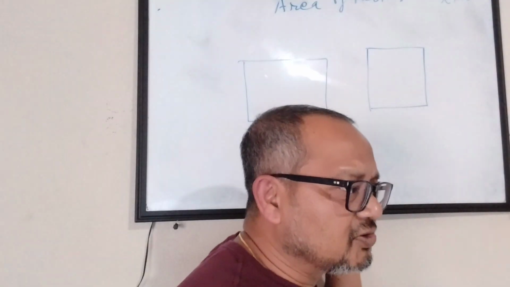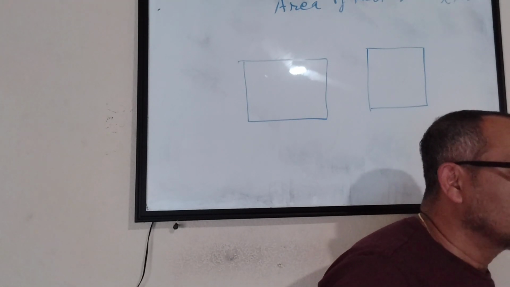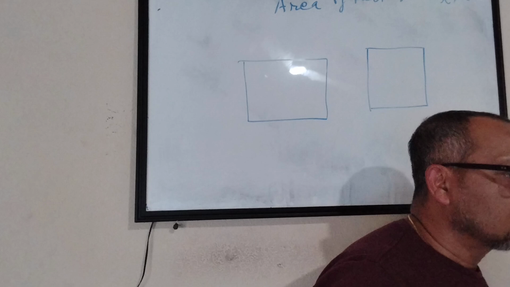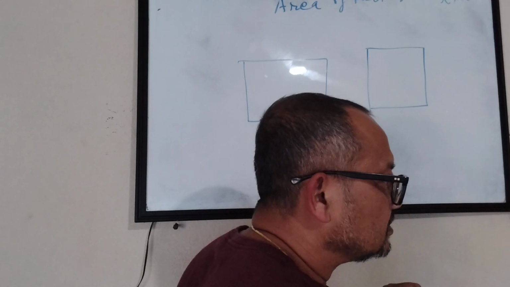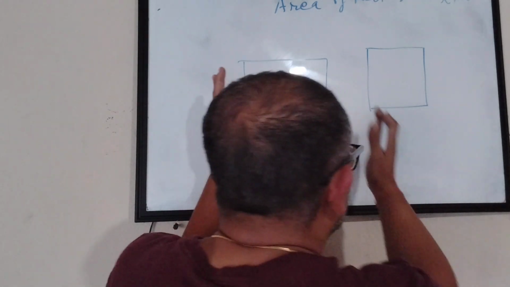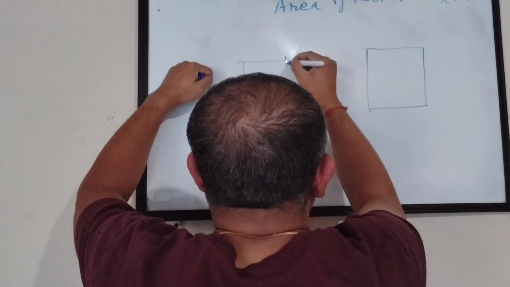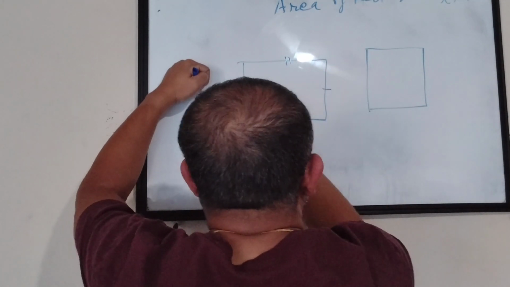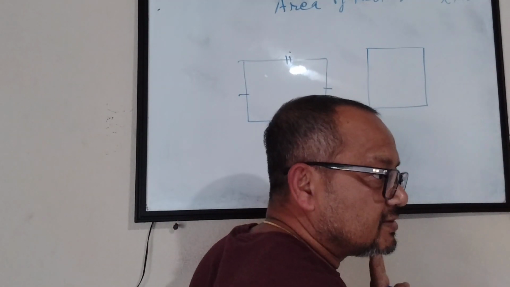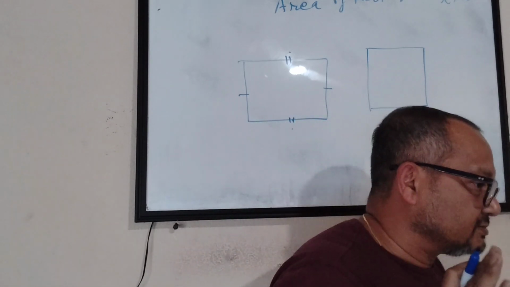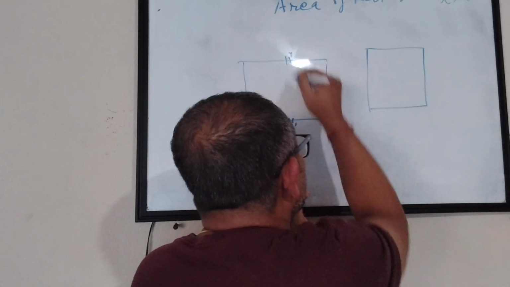The only difference is that a rectangle has opposite sides equal: this side and this side are equal, and this side and this side are equal. The square has all sides equal.